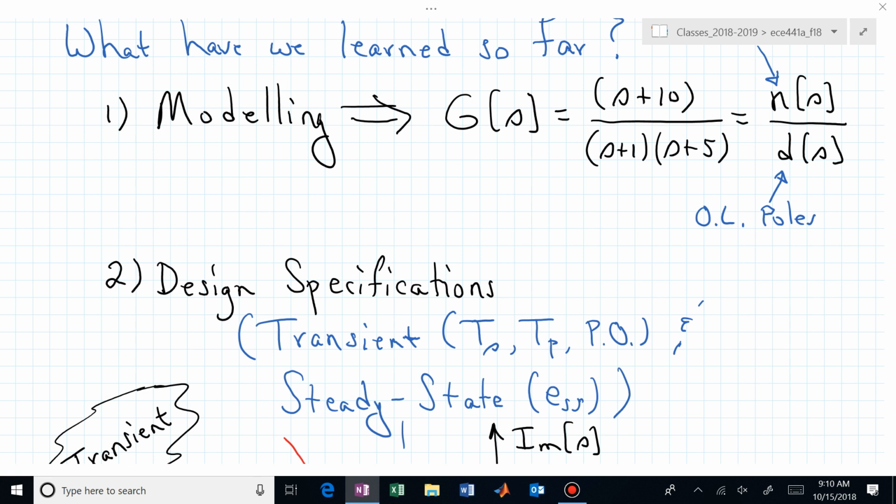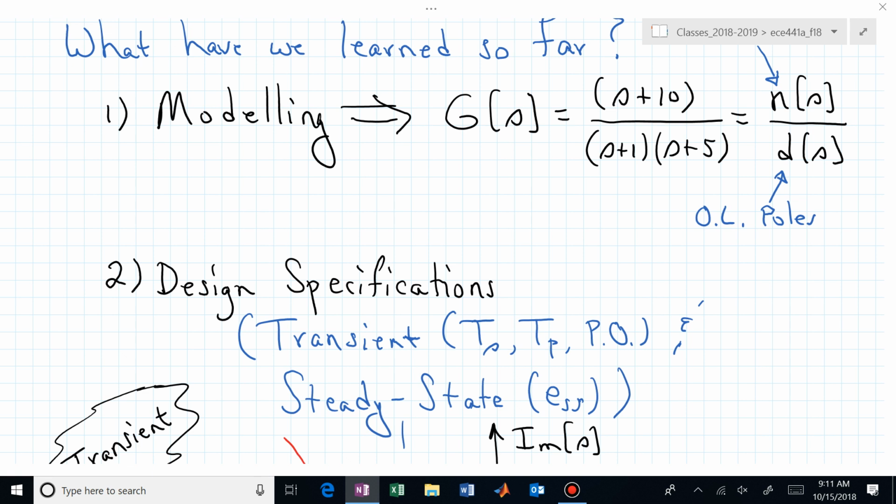A smaller or larger peak time? Time to peak is pi over omega sub d. Omega sub d is inversely related to the peak time, so if you want a small peak time, then you want a bigger omega sub d. You want that horizontal line to be further away from the real line.